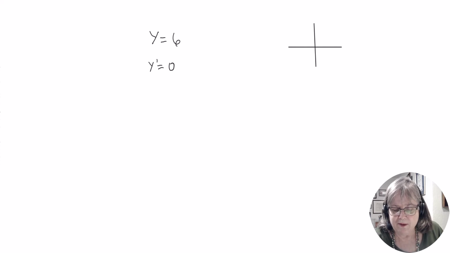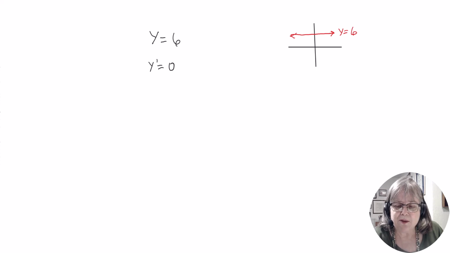If you have y is equal to 6 or y is equal to any constant, you have a horizontal line. And as you remember from the previous video, the derivative is actually a slope function that tells you what the slope for some other function is that you can compute anywhere along the original function's length.